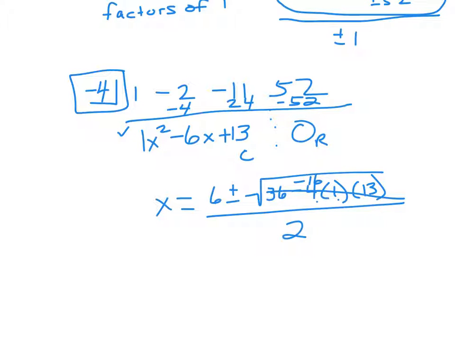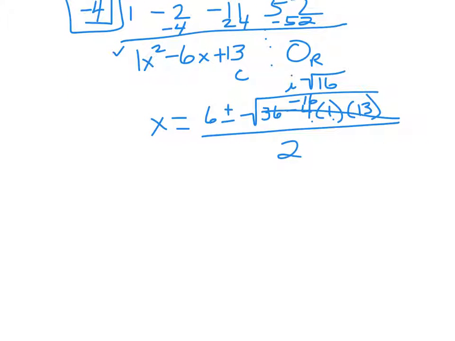What are you guys going to do with the square root of a negative? Right, take an i out, so I have i times square root of 16. What's that? 4i. So really, we have 6 plus or minus 4i over 2. And I can't cancel any of that stuff right now because we have stuff that's being added.